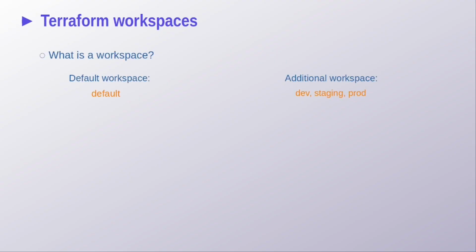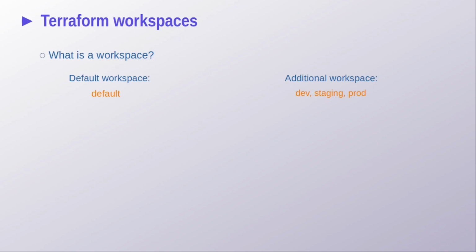Terraform workspace. Now let's slow down and understand what exactly a workspace is. A workspace is Terraform's way of managing multiple state files within the same configuration. That is it, nothing more.